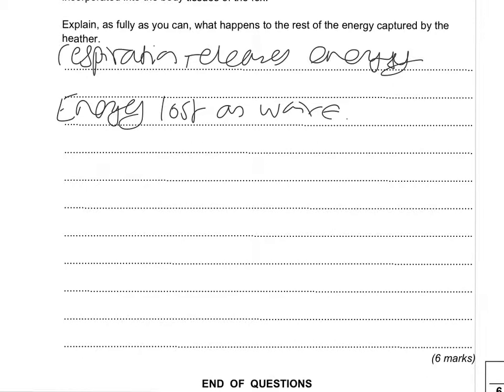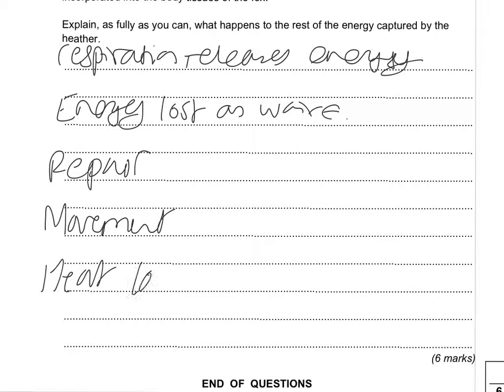Third one, it's used to repair. So if there's an injury or any damaged tissue or cells, it's used to repair those. Fourth thing you could have said was for movement. Fifth thing could be lost as heat. So we lose energy, especially if you're warm-blooded, through heat.